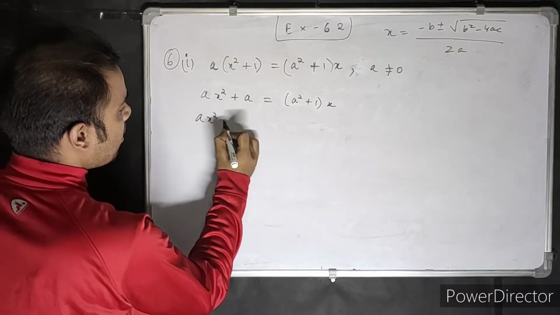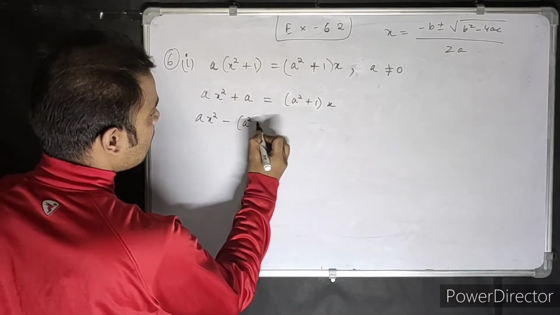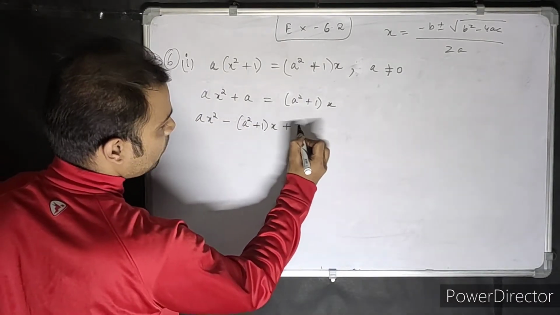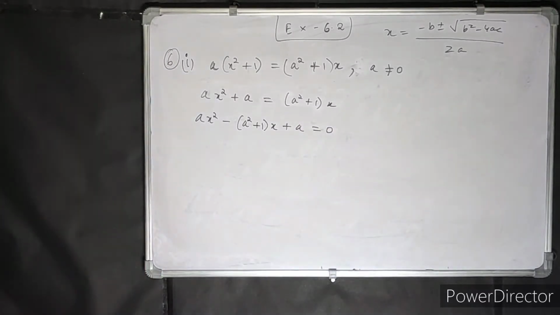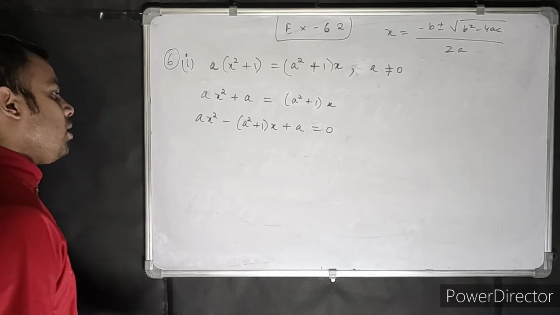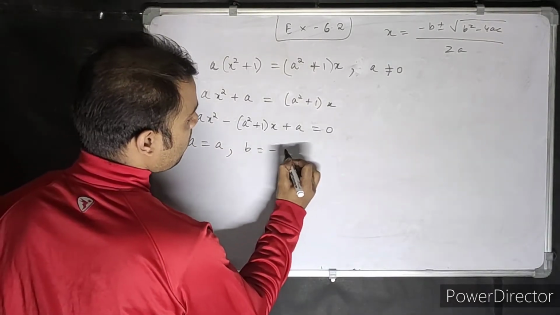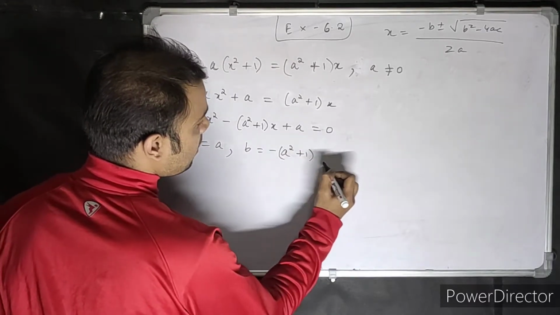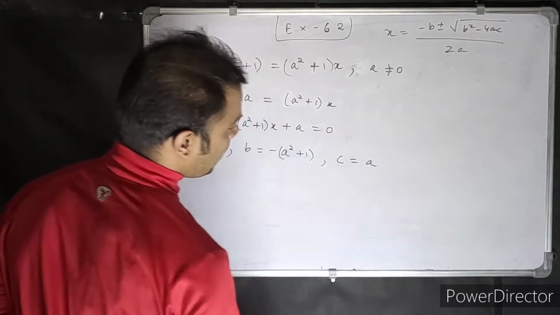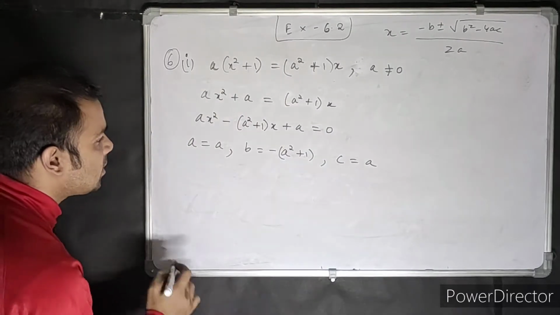So this is ax square minus a square plus 1 x plus a is equal to 0. That's your quadratic equation. You want to divide by a, go ahead, or don't divide. So a is equal to a, then b is equal to minus a square plus 1, and your c is equal to a. Now put it in that formula and start solving.